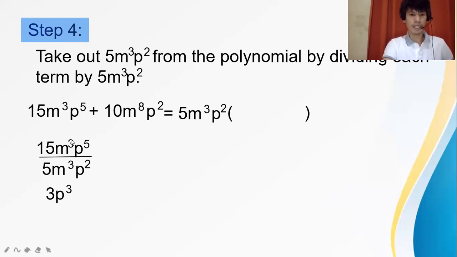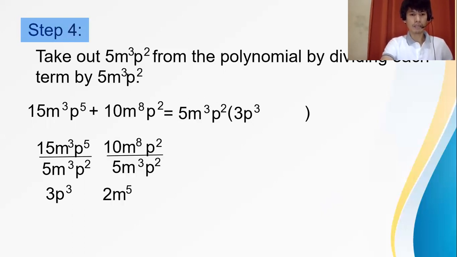For p, we cancel the two, and 5 minus 2 is 3. Then we put it here. So we have 3p to the third power. Next, second term, 10 divided by 5. 10m raised to 8, p to the second power, divided by this greatest common monomial factor.